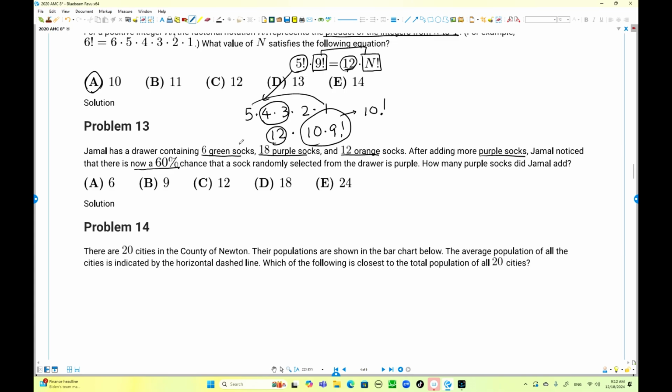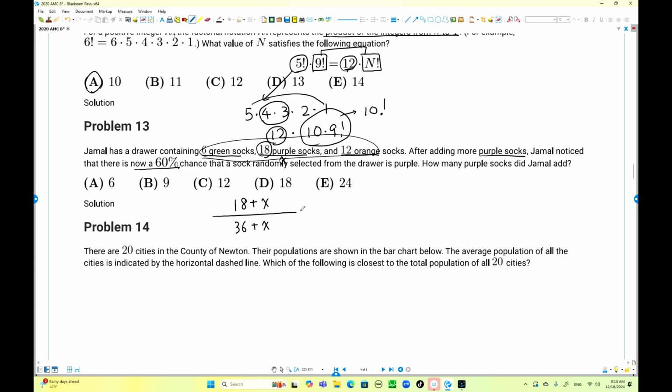More purple socks. I'm going to use x for the number more, okay? So purple is now 18 plus x, that is the number of purple, okay? So the total number is how much? Originally there are 36, but x is more, so it's 36 plus x. That is the total number of socks.